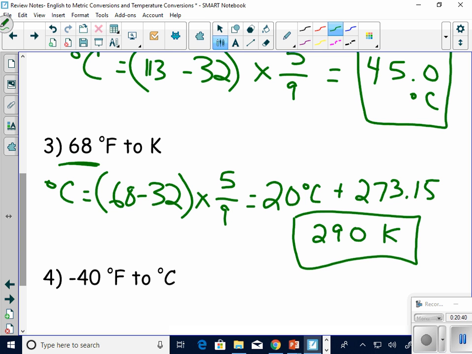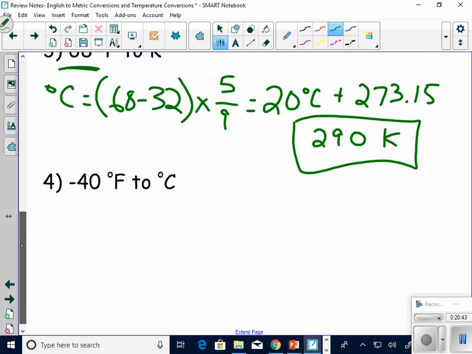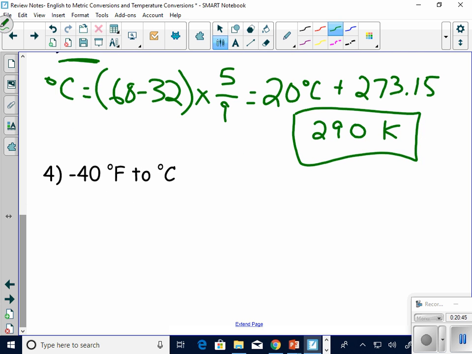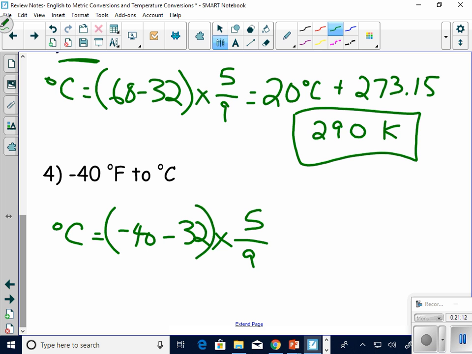Okay. Now this last one I put here, I put this last one on here just because it's a good trivia question to know. Okay? It's a good trivia question to know, and I'll show you why. Negative 40 degrees Fahrenheit, and I'm going to Celsius. So, to get degrees Celsius, I take my degrees Fahrenheit, I minus 32, put that in parentheses because I have to do that first, and then I multiply by 5/9.